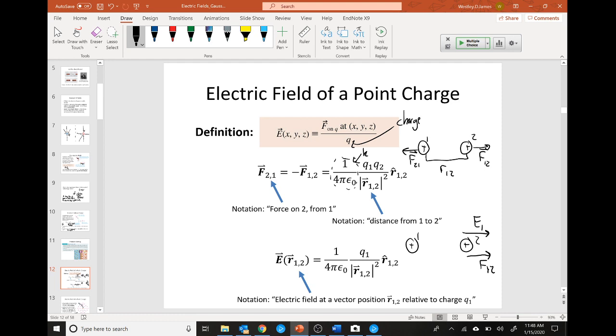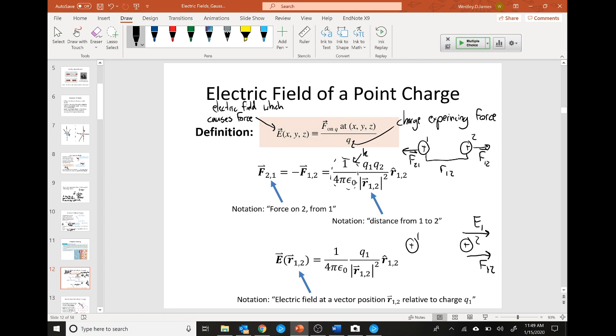So this is the charge experiencing the force. This is the electric field which causes the force. So the electric field which is causing the force is due to the first charge, charge 1. That's why charge 1 is still here.